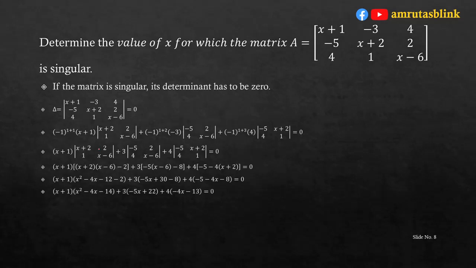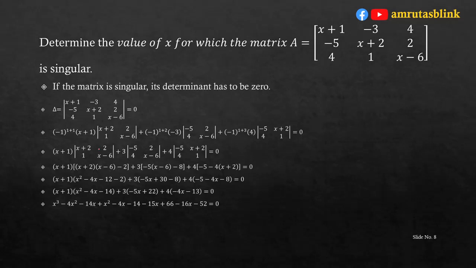Hence we can further simplify as x plus 1 into bracket x square minus 4x minus 14, plus 3 into bracket minus 5x plus 22, plus 4 into bracket minus 4x minus 13 is equal to 0.